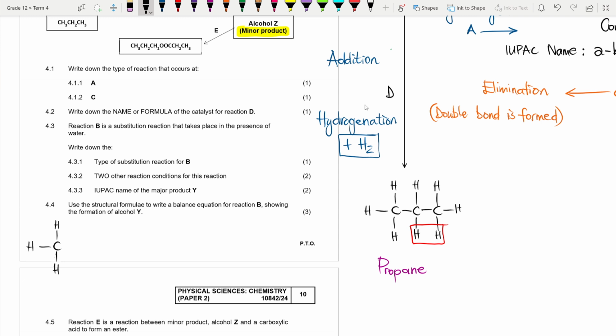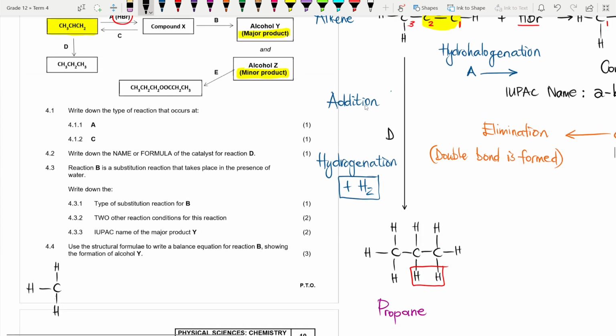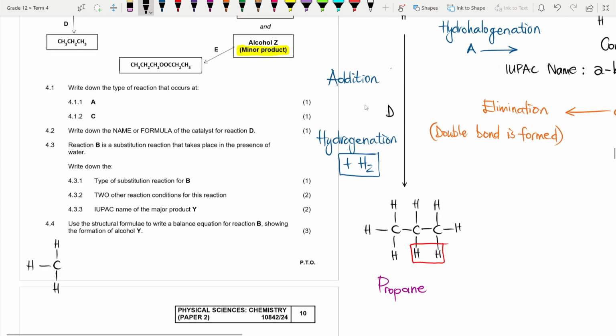Okay, let me just draw out this compound, the last compound, C, H, H, then another C, H, H, and then there's O, O, C, C, H2. So we know something is happening there, but once again, it's trial and error.